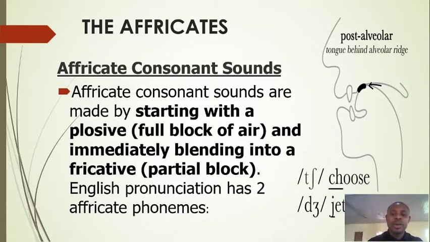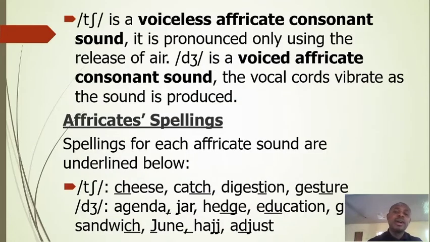That's what we find in affricates, and that is what we are looking at today. There are only two of them. Ch as in choose and j as in jed as seen on your screen. All right? The ch is a voiceless affricate consonant sound.